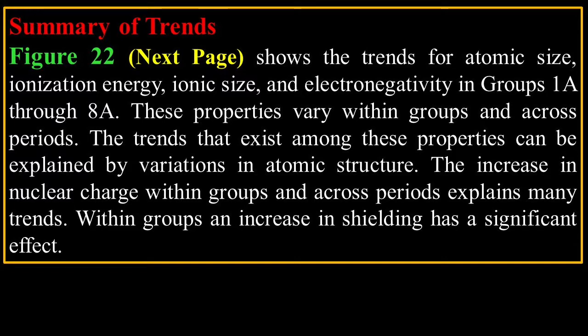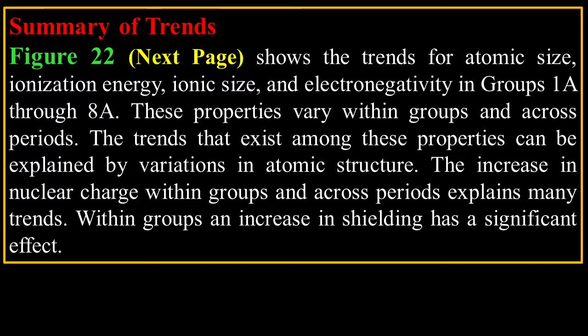Figure 22 on the next page shows the trends for atomic size, ionization energy, ionic size, and electronegativity in groups 1A through 8A. These properties vary within groups and across periods. The trends that exist among these properties can be explained by variations in atomic structure. The increase in nuclear charge within groups and across periods explains many trends within groups. An increase in shielding has a significant effect.